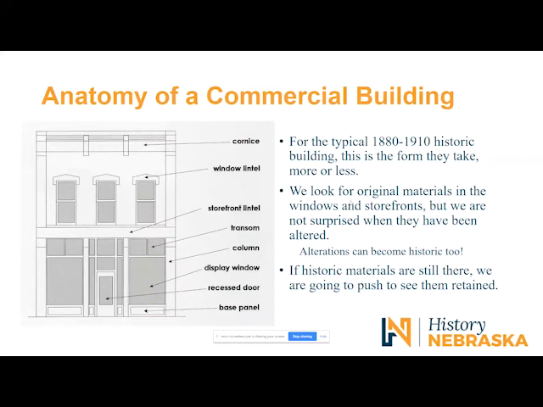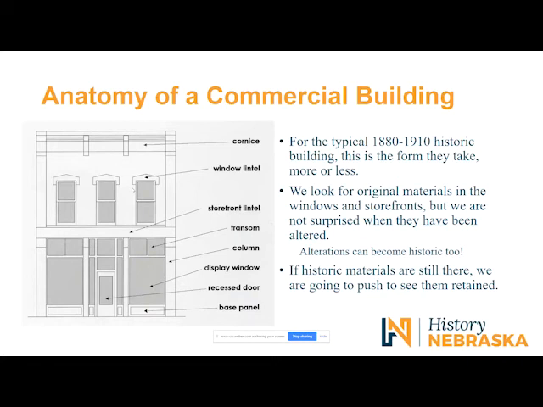So the top of the building is called the cornice, and that's where you usually have some decorative brickwork, but sometimes there's some pressed tin up there that we love to see retained or repaired. These are called window lintels or hoods, and if they're there, sometimes they're painted, but they're usually stone or cast concrete, and we like to see those retained if they're there.